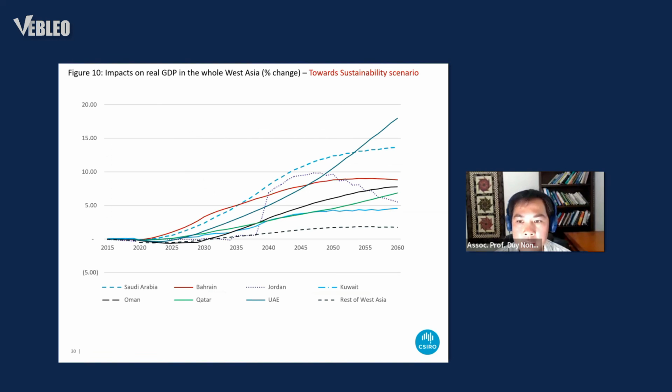And here is an interesting result that we see in the two sustainability scenario. The real GDP of these countries increased, particularly for the UAE and Saudi Arabia, because of the resource efficiency effects we incorporated to improve productivity in these countries.